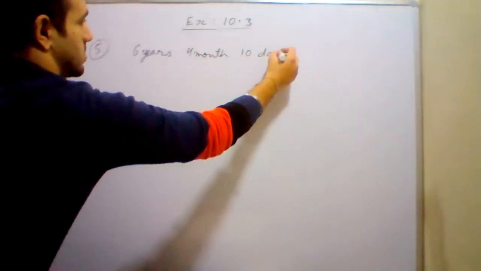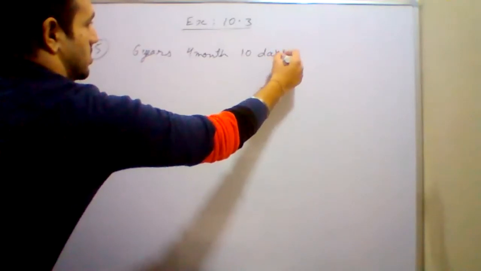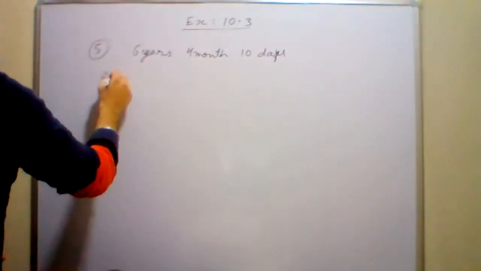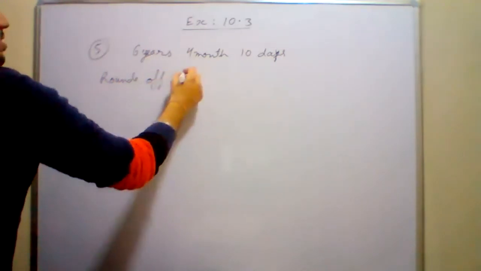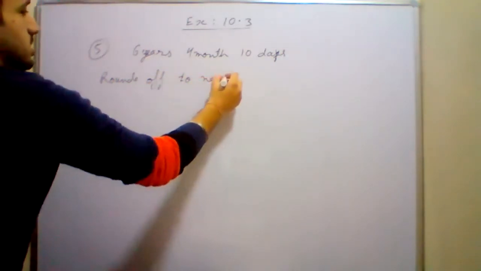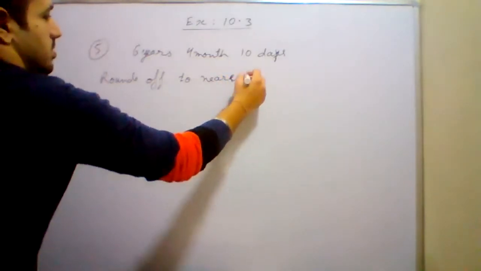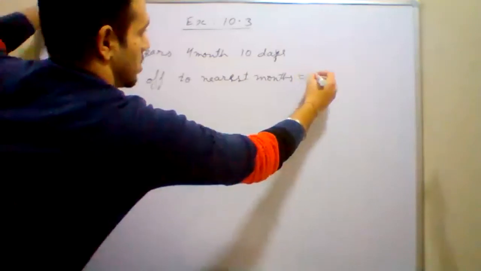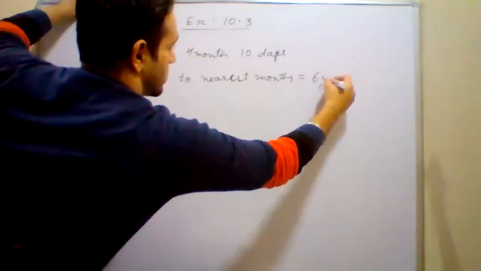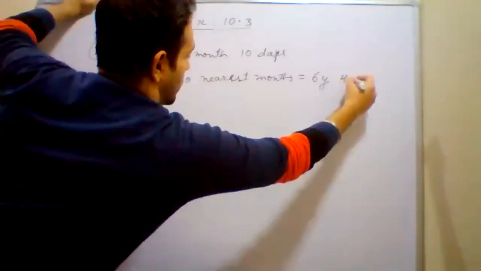This was the question. Now you can write rounded off to nearest months. So your answer will be 6 years, 4 months.